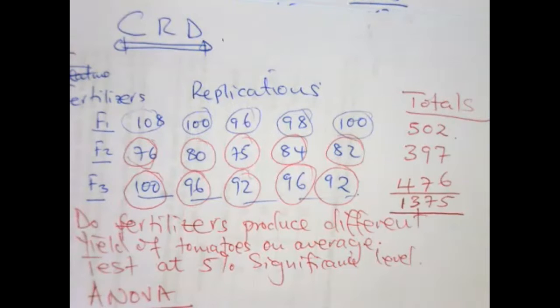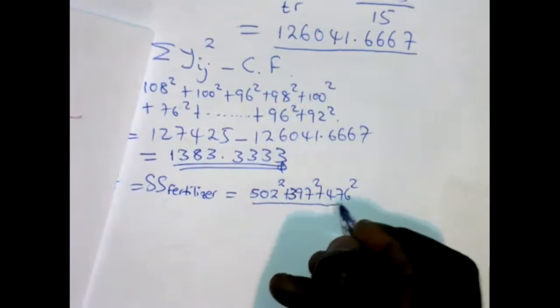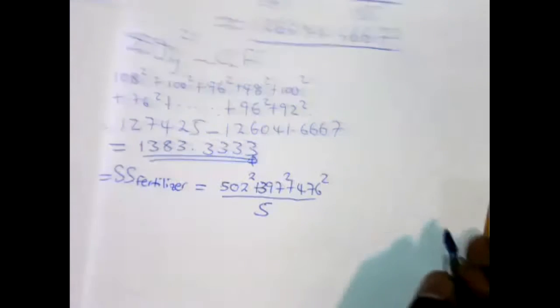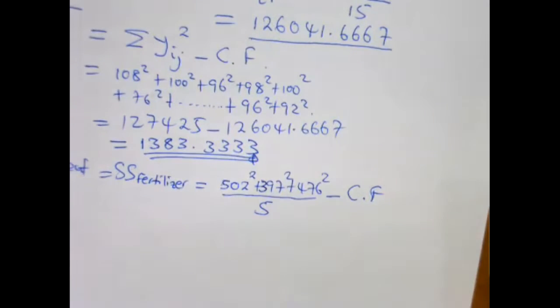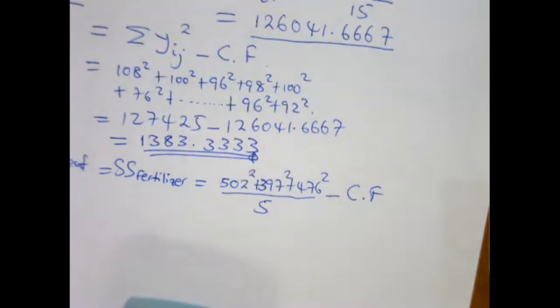A lot of people tend to divide by 3, the number of treatments. For SS treatment, we take the summation of yi dot, that is the totals, those 5, but we divide by the number of replications. In this case, we divide by 1, 2, 3, 4, 5. So we are going to divide this number by 5. Then we subtract the what? The correction factor.